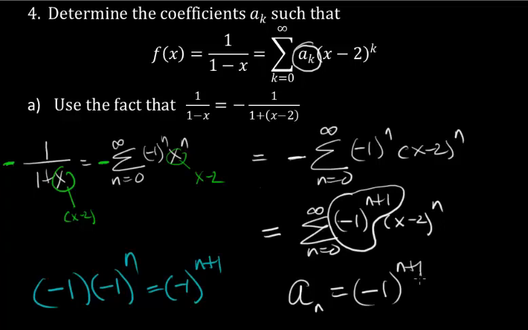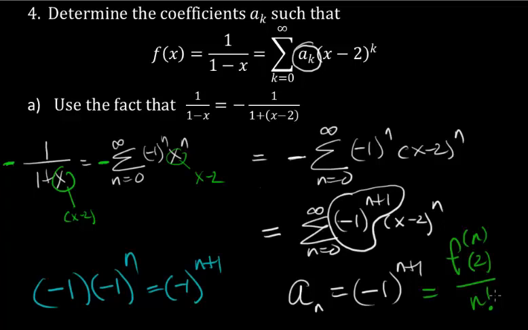That's our coefficient. And, by the way, we know that that is equal to, let's just do a little sidelight because this is the next way we're going to solve this problem. We know that that is the coefficient of the Taylor series centered at 2. So that is, we know, f, the nth derivative at 2 divided by n factorial, where f of x is 1 over 1 minus x.